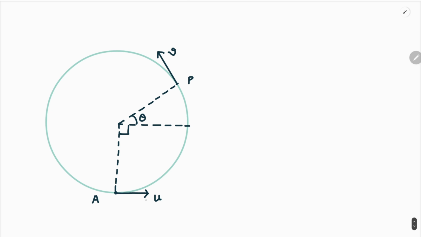So at this point it has a speed u, and at this point, say point P, it just breaks off from this circular path and will start moving in a parabolic trajectory like this, and it will join somewhere here if there is a track, and we are asked to calculate the velocity at this highest point. So if this is 90 degree, this angle is theta.